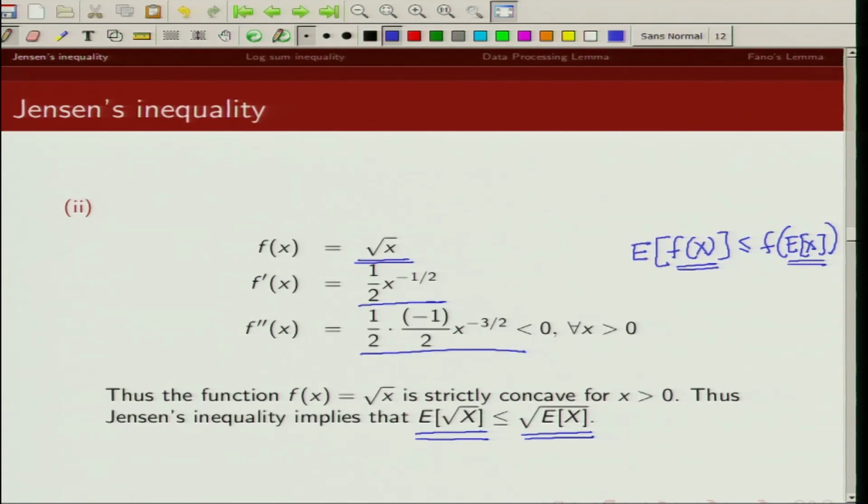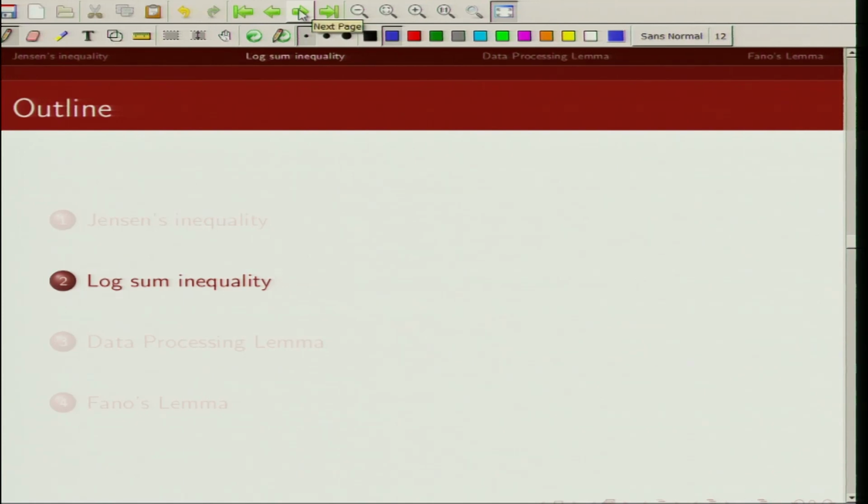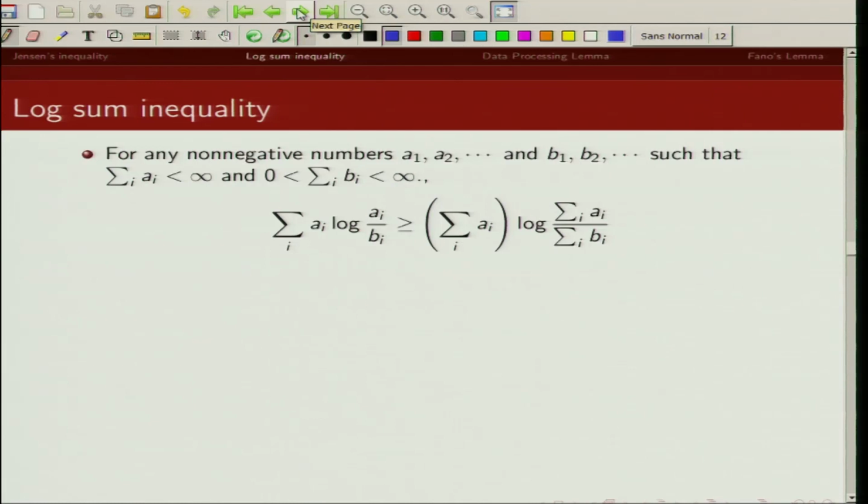Okay. Now let us just move now to log sum inequality. So what does log sum inequality say?